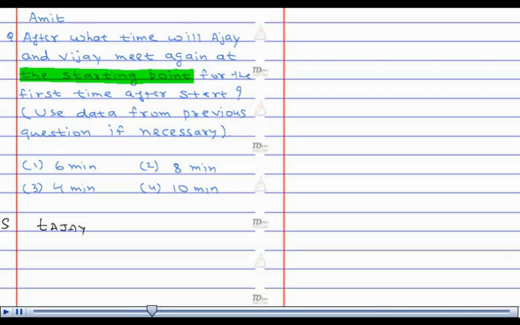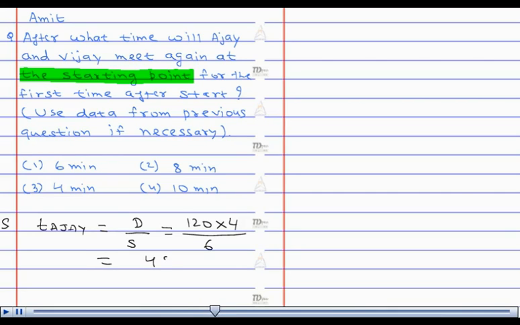to complete the path once is equal to distance upon speed. Distance travelled will be 120 into 4 divided by speed, 6 meters per second.